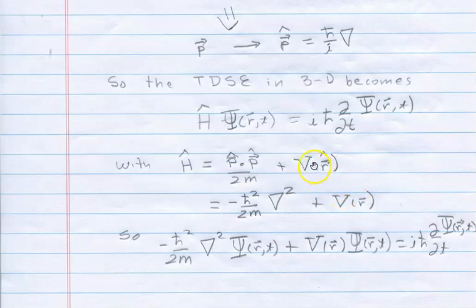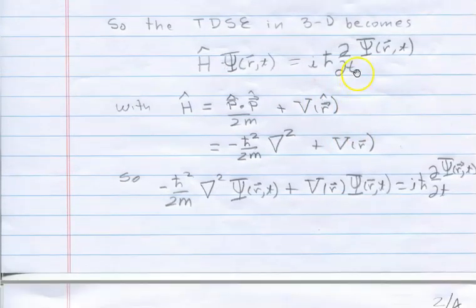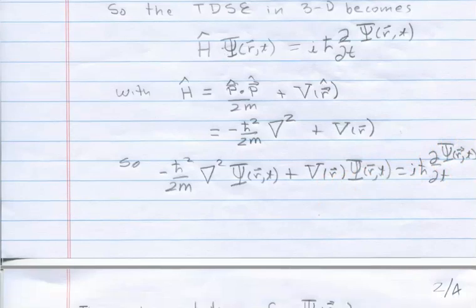So the potential energy is essentially the same in classical or quantum mechanics. And you put all that together, this becomes the Schrodinger wave equation in three dimensions for a particle moving in a potential that does not depend on time. That's the usual case. And so very, very similar. In one dimension, this Laplacian just turns into the second derivative, partial with respect to x squared. And so it reduces nicely.